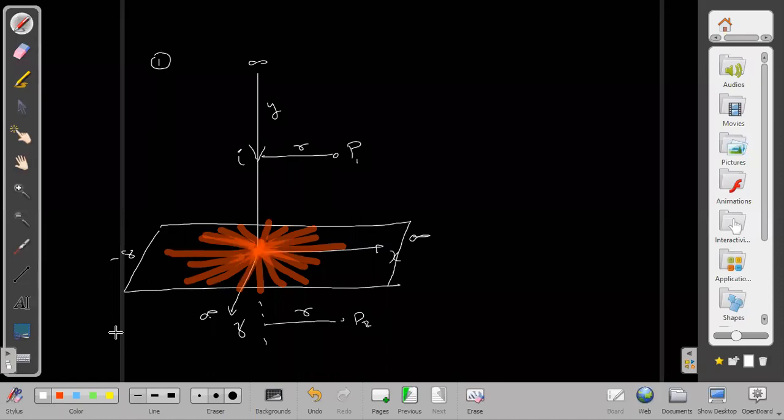At any line, current will be in both directions. At any line? Current will be what? In the plane in one direction, in both directions, front and back.